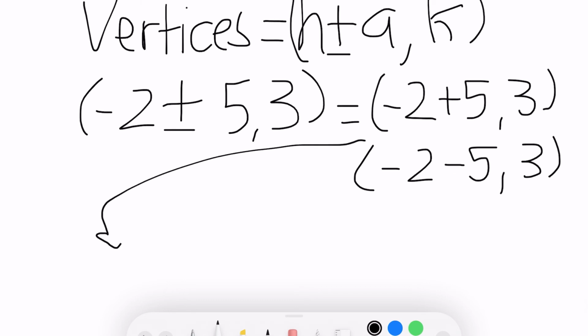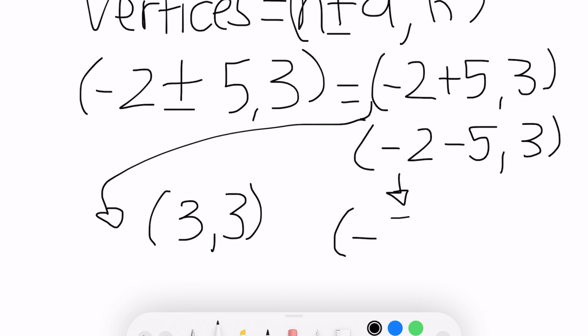So negative 2 plus 5, comma 3 is just 3 comma 3. And the other one is negative 7 comma 3.